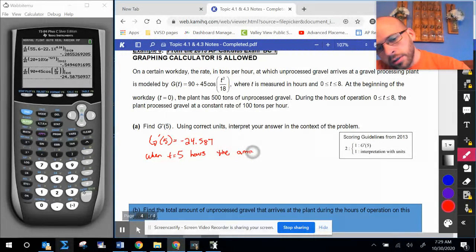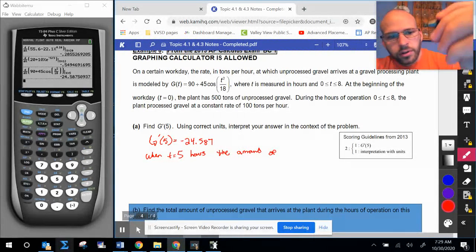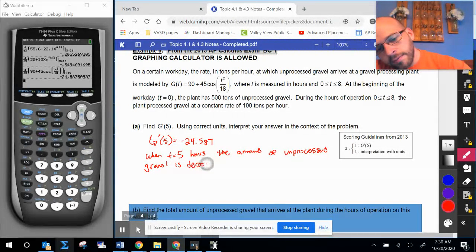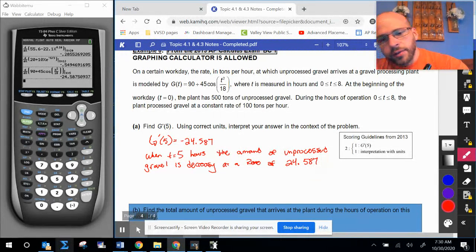The amount of gravel, we can say unprocessed gravel, is decreasing at a rate of 24.587. Now I need to make sure I have correct units here.